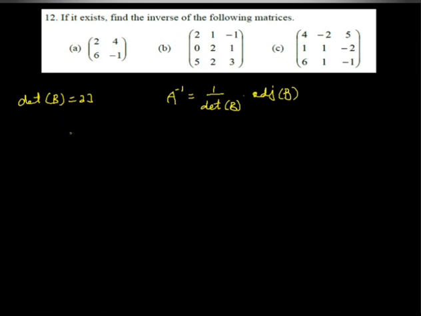the matrix is 2 1 minus 1, 0 2 1, 5 2 3. Okay, now what do we do? We repeat the first column and second column: 2 0 5, 1 2 2.